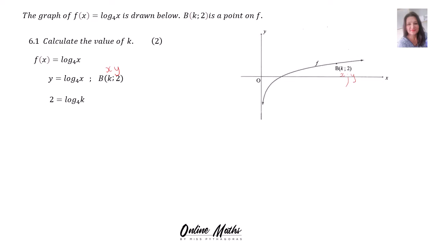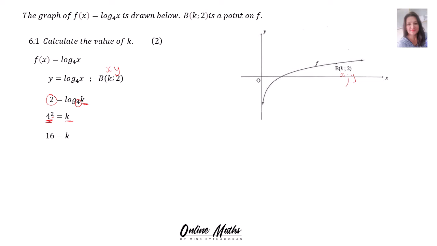So now this is difficult to solve for k over there, but what you do is you convert this log equation into an exponential equation. And how you do that is you say that the base of the log becomes the base of the exponent, and then this number that used to be on its own becomes the exponent, and then the k over there becomes the subject of the formula.